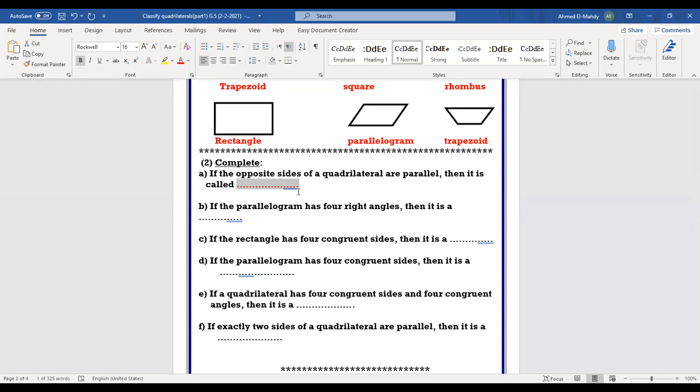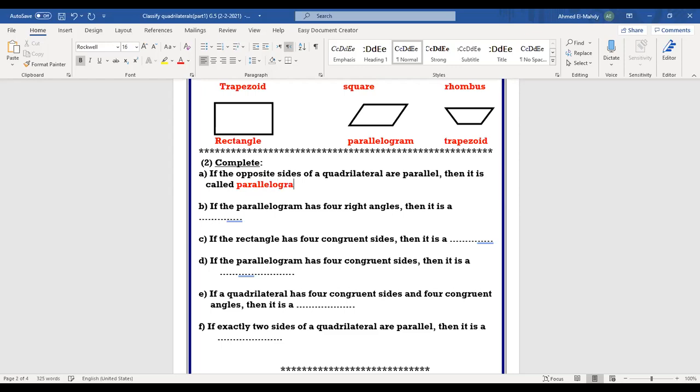The rectangle is a parallelogram with 4 right angles, the rhombus is a parallelogram with 4 equal sides, and the square is a rectangle and a rhombus, so the square also is a parallelogram. So if the opposite sides of a quadrilateral are parallel, it will be a parallelogram.